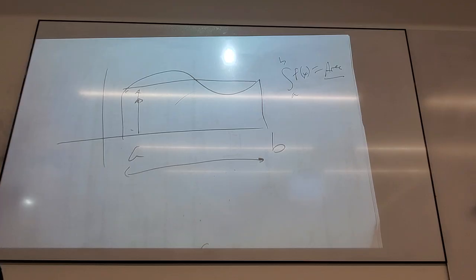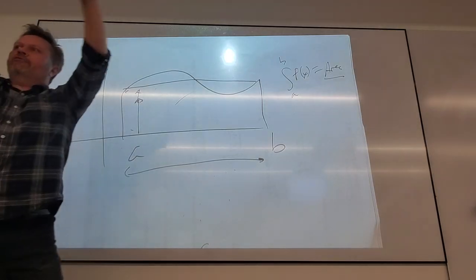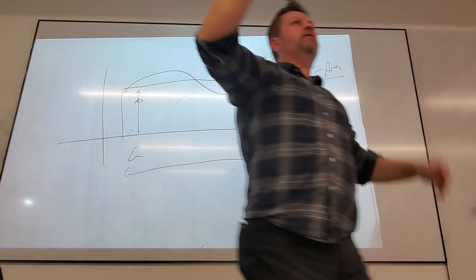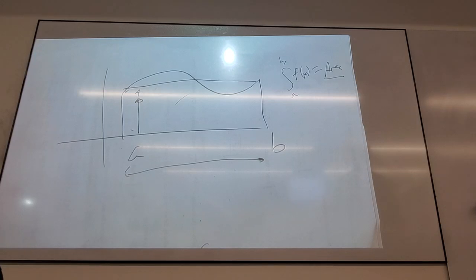And that would be the average value, the average height the function attains. That's all it is. If I divide by the width, I'll get the height of the associated rectangle with the same area. That would be the average height of my function. That's it.